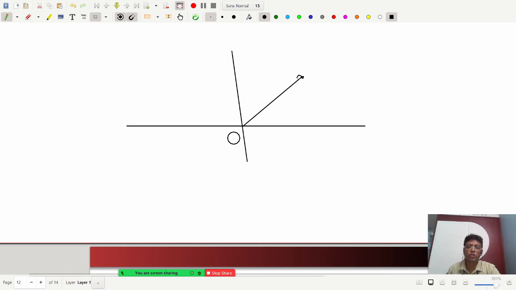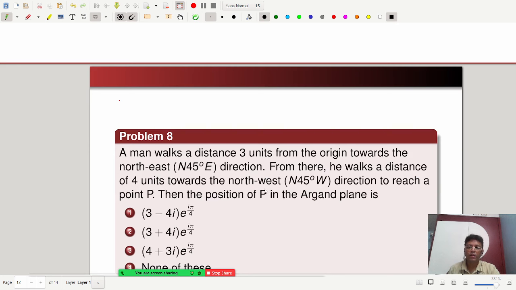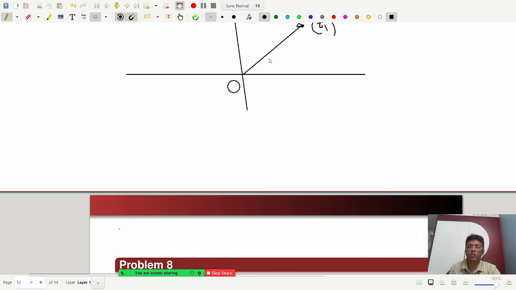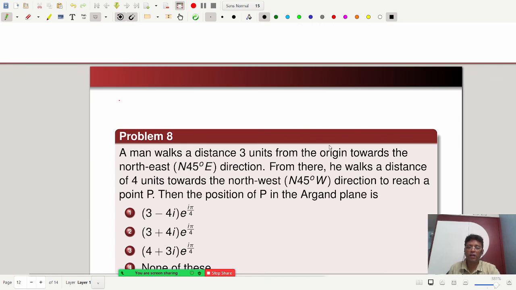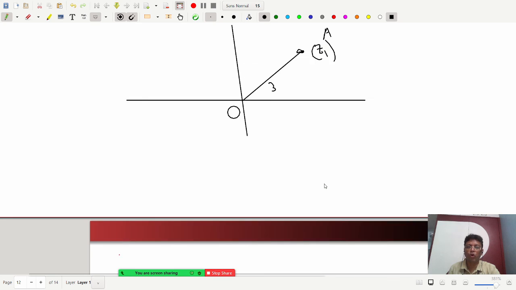Suppose this is the position of the man, A, and it is represented by the complex number Z1. Three units from the origin, so the modulus of Z1 is 3. And from there he walks a distance of 4 units toward the northwest.